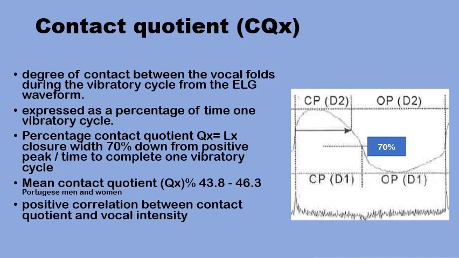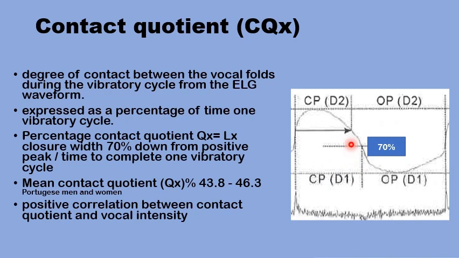Another useful index that can be extracted from the glottal area waveform is the contact quotient, which reflects the duration of the time the vocal folds are in good contact in relation to the time of the whole cycle. This can be measured by having a line at the 70% from the maximum closure or 30% from the minimum closure, and at this point in time you can drop a line here to measure the time.